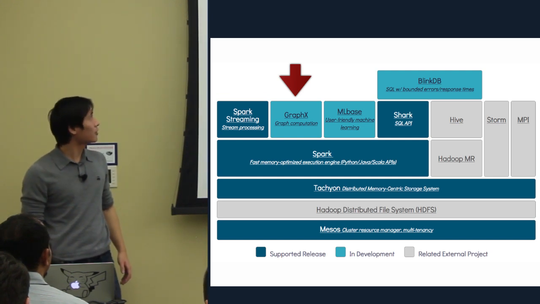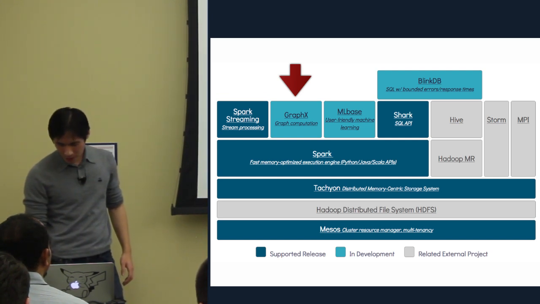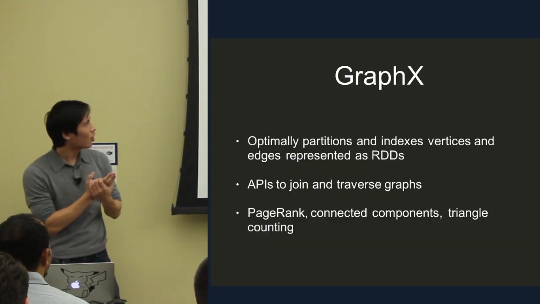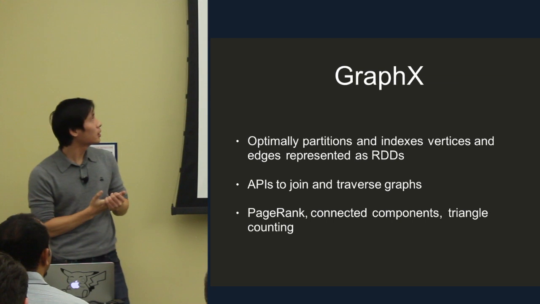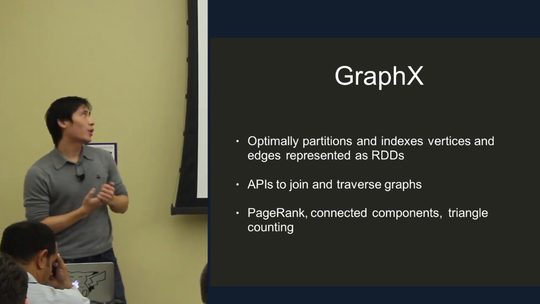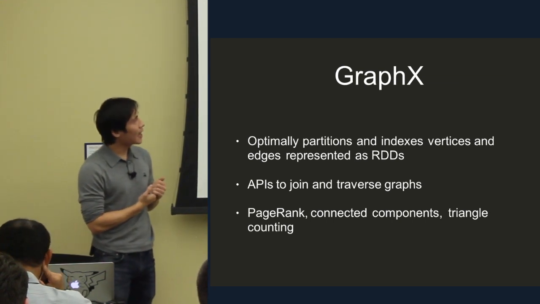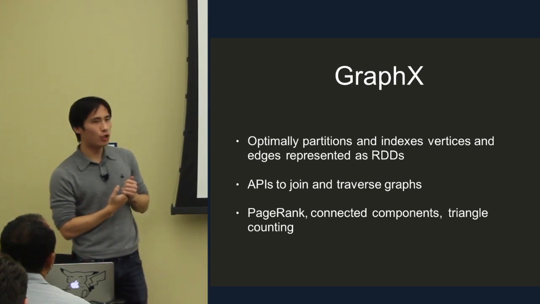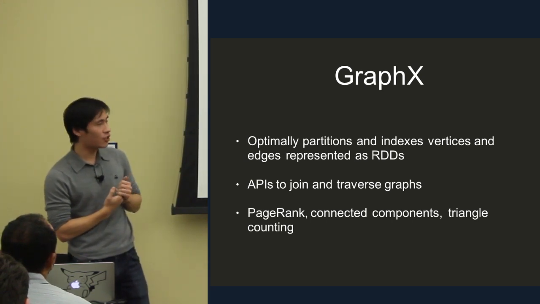So next, we're going to talk about GraphX, which is a parallel to Graph from Hadoop. What GraphX does is you pass it RDDs containing tuples of the vertices and edges.